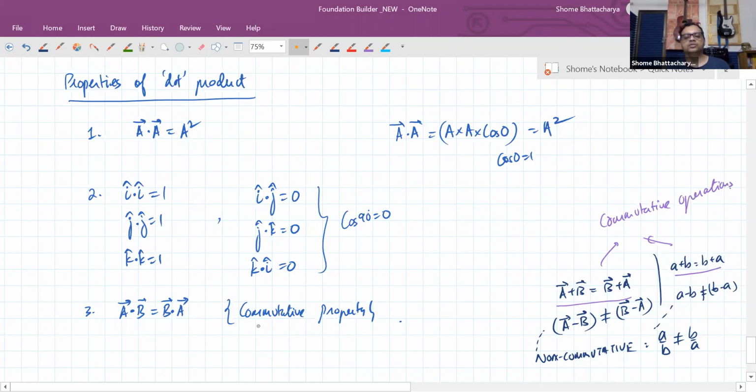So dot product is also a commutative operation. Simple arithmetic multiplication is also commutative. You know that A into B is equal to B into A. So this is also commutative. But division is non-commutative, which you saw here.